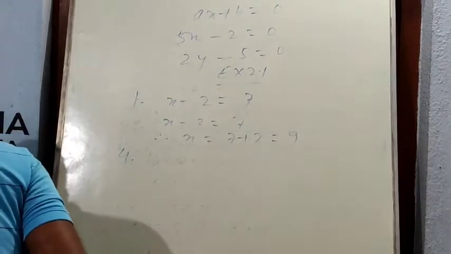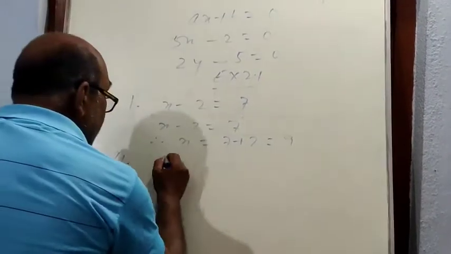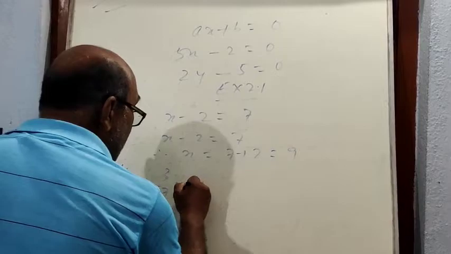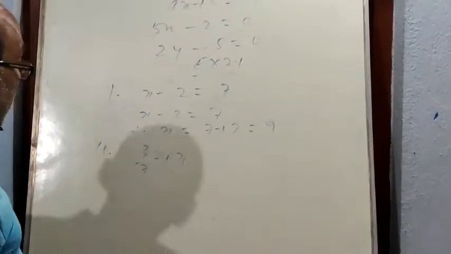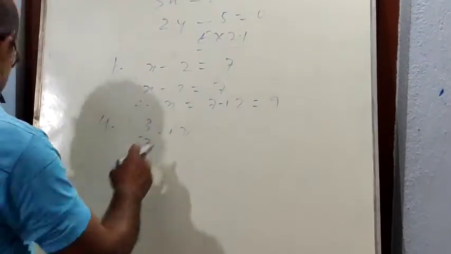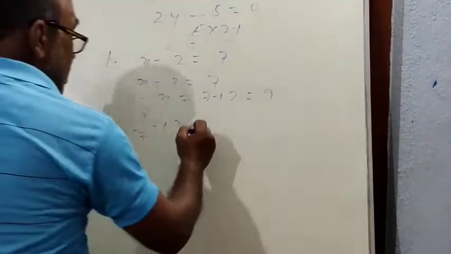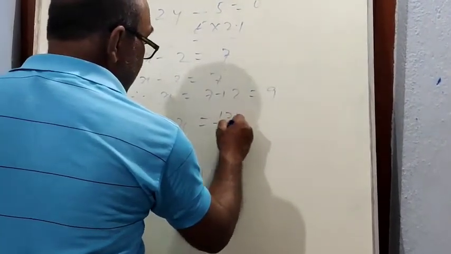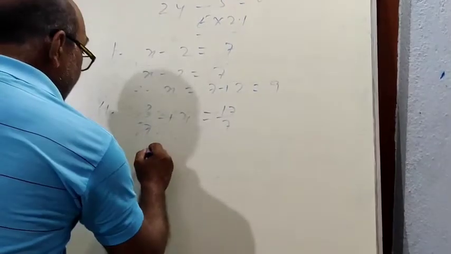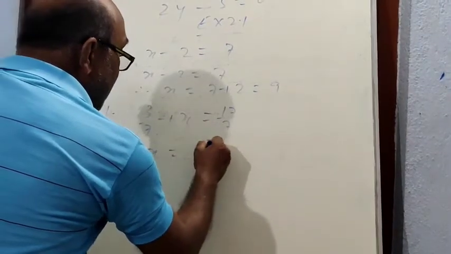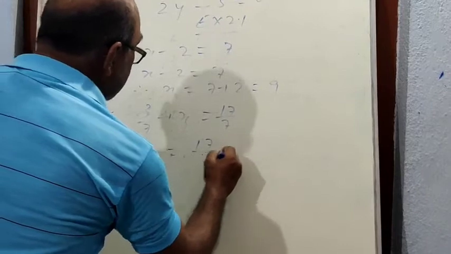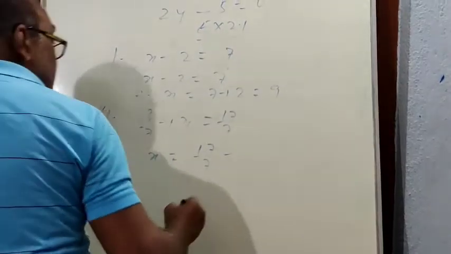Question number 4 is 3 by 7 plus x is equal to 17 by 7. Now x is equal to 17 by 7 minus 3 by 7.